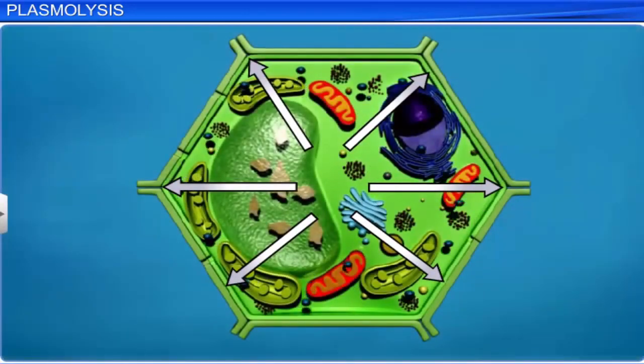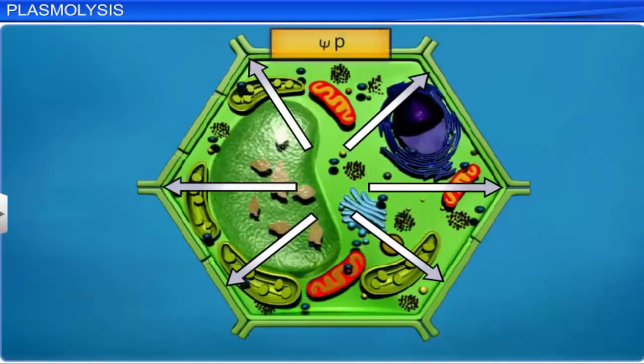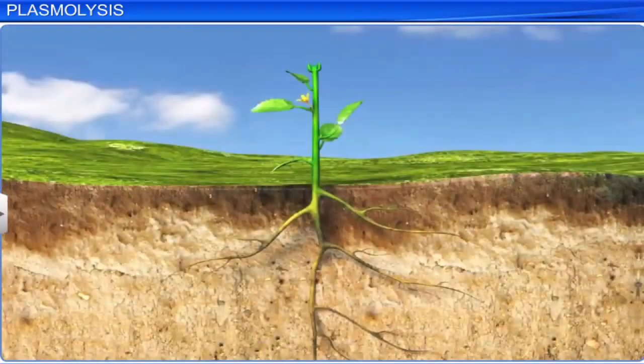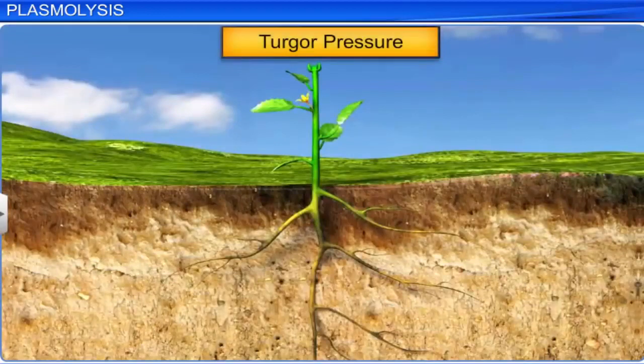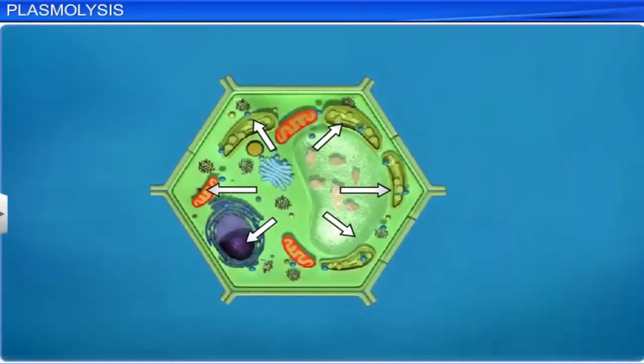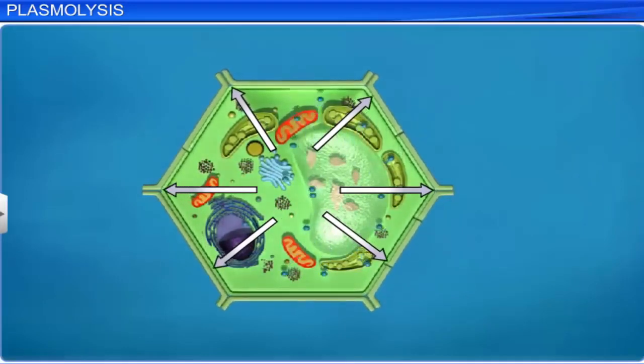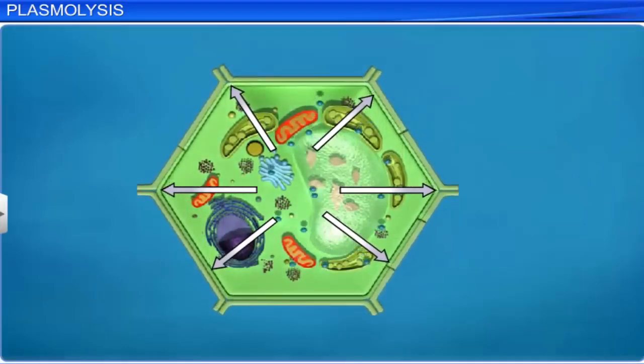This turgor pressure exerted by the protoplast against the cell wall due to the entry of water is called pressure potential, Ψ-P. It is the turgor pressure in the plant cells that helps a plant to be erect. Since plant cells have a rigid cell wall, the cell does not rupture despite the turgor pressure. However, the cell enlarges and results in the extension growth.